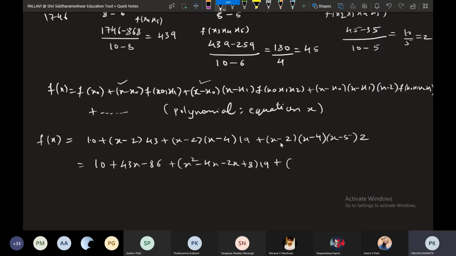Plus, (x minus 2) and (x minus 4) will give you the same value as the previous bracket. So minus 4x minus 2x, I'll write it as minus 6x. So it is x square minus 6x plus 8, the value of these two brackets, into this. 2 into x is 2x, minus 5 tens.